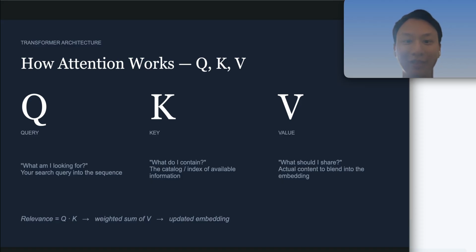Key is what it contains. Like I briefly mentioned, when you're looking at the bee, it understands this is the noun, probably the subject of the sentence. And so there's some value in terms of that. When you take those two values and compute the product of those two things, that's how they compute relevance.